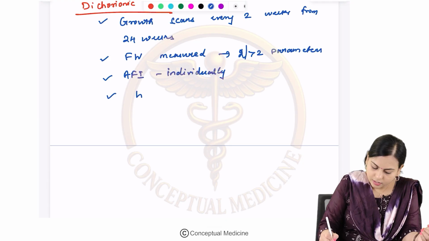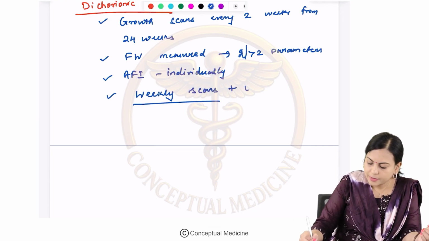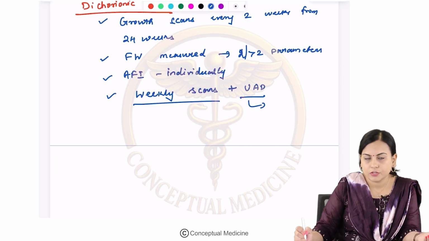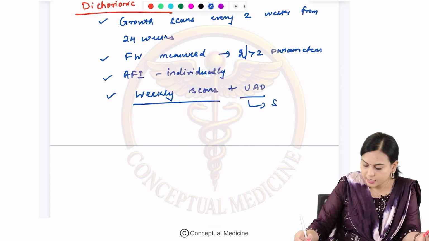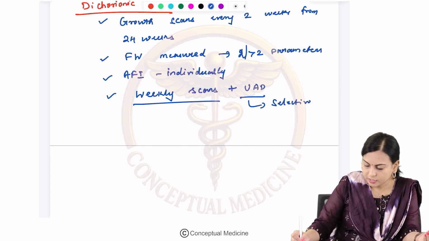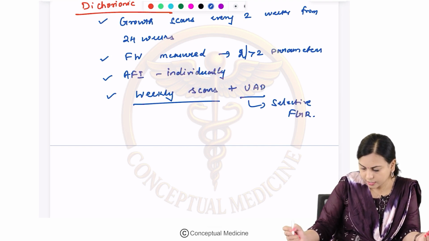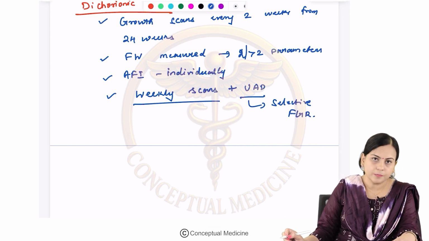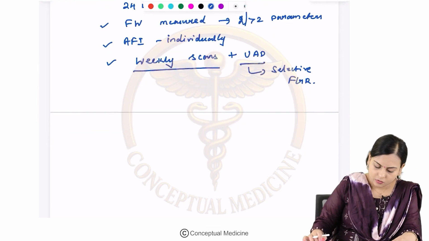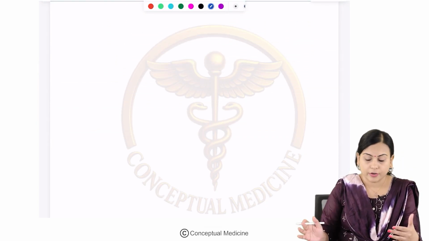Then you have to do weekly scans plus umbilical artery Doppler if there is a chance of selective FGR in either of the fetuses. Clear? Now, we will see monochorionic twins.